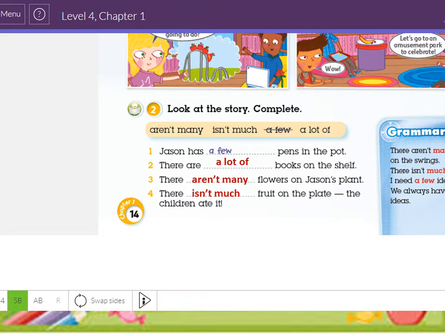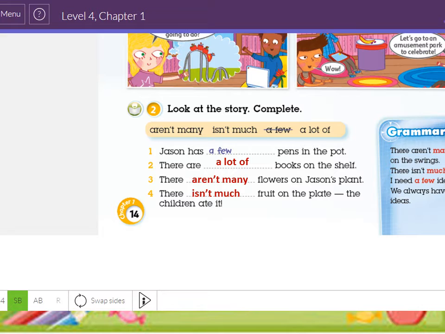So now let's see exercise 2. In exercise 2, let's start from number 1. Number 1 has been done for us. Number 1, Jason has blank pans in the pot.